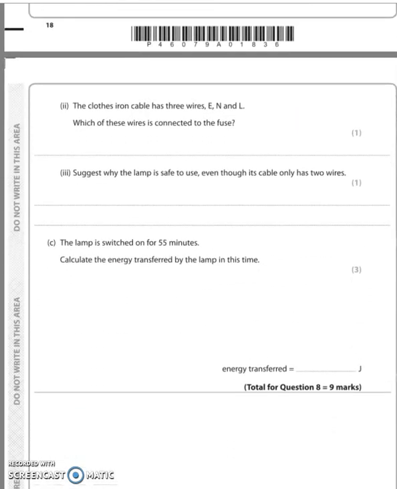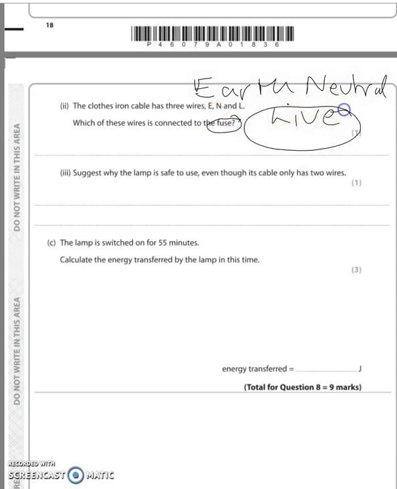The clothes iron cable has 3 wires, E, N and L. Hopefully you've realised what they stand for. E stands for earth, N stands for neutral, and L stands for live. And you should remember from your practice putting the plugs together that the fuse is always connected to the live wire.